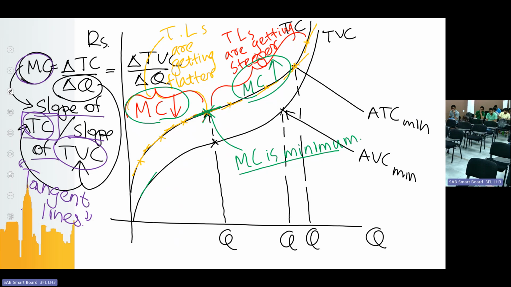The same steepness will be there. That's why to measure MC, we can draw tangent lines either to TC or TVC. Both will give the same results.